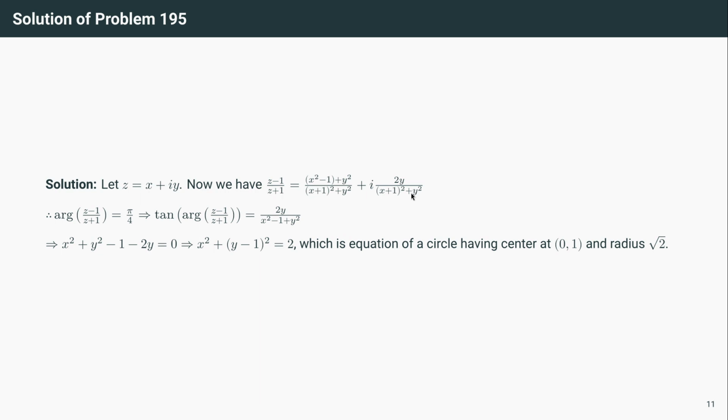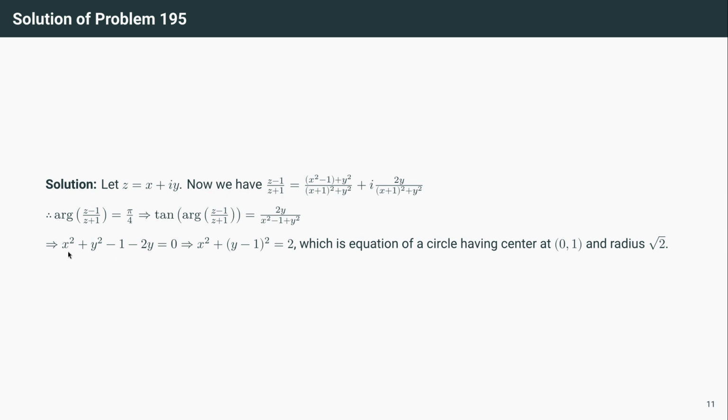Now we are given that the argument is pi by 4, that is, tan is 1. So we will have 2y by (x square minus 1 plus y square), because the denominator will get cancelled for the argument. We have this value equal to 1.